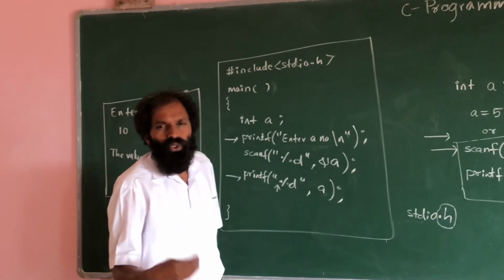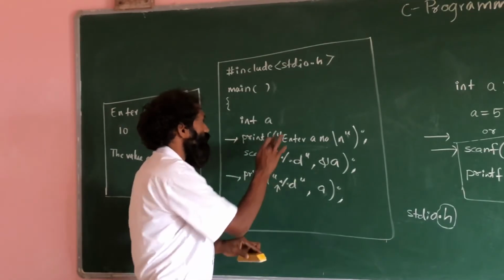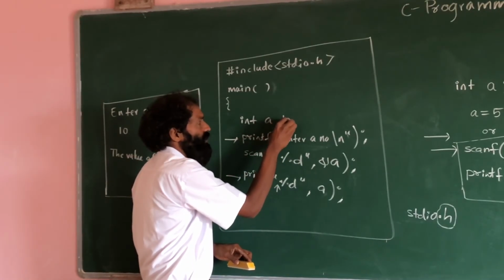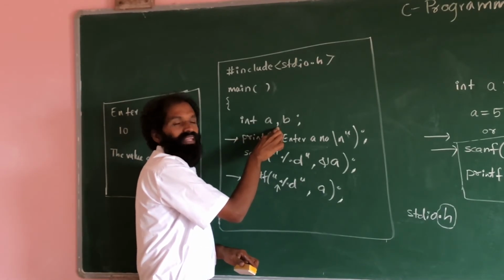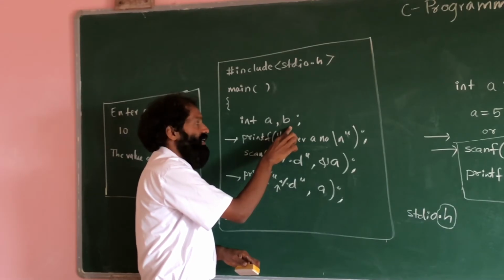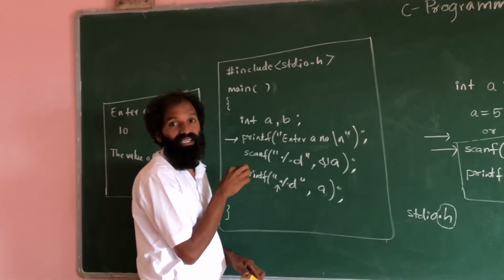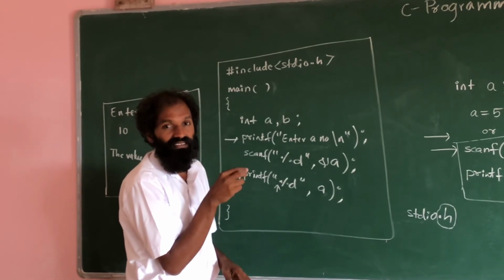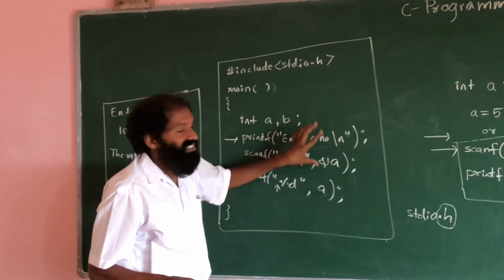Sometimes you want to store two numbers. Let us take one more number, B. Now we have put a comma here. It means A is different, B is different. It is also a delimiter or separator.